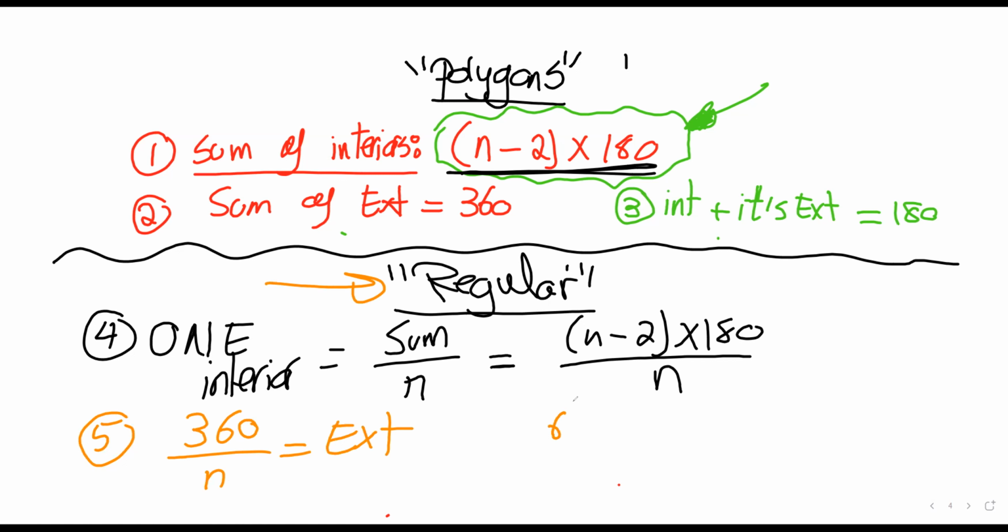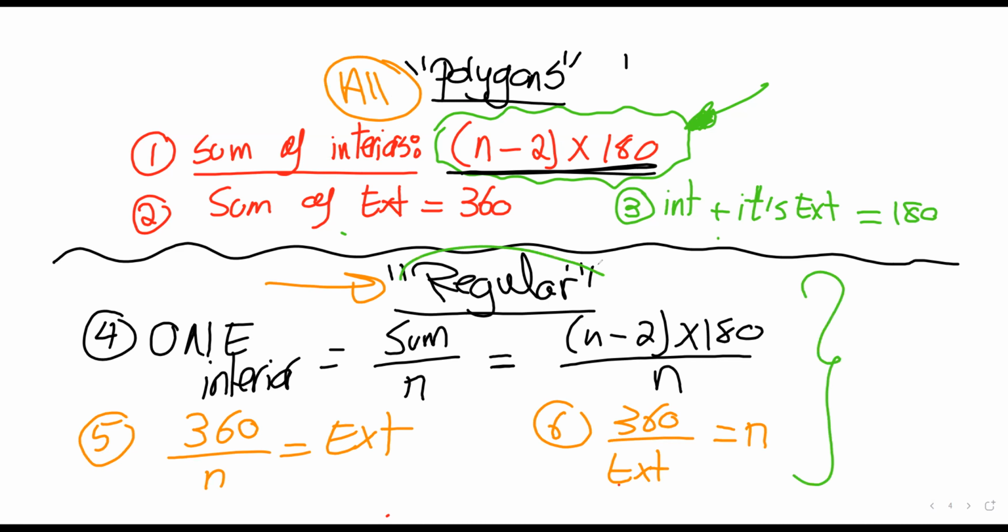Or if I take 360 and I divide by the exterior angle, I will get the number of sides. What I want to say is that the ones above, 1, 2, 3, apply on all polygons, regular or not regular. The ones below apply on regular only.